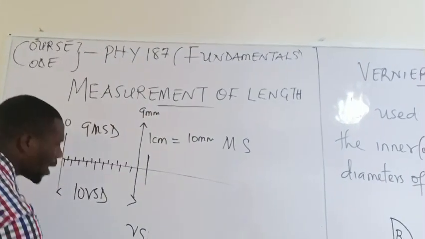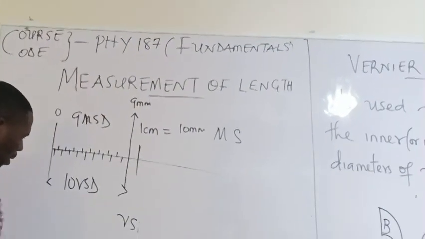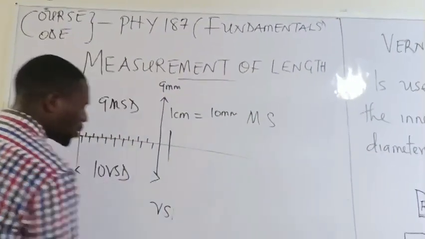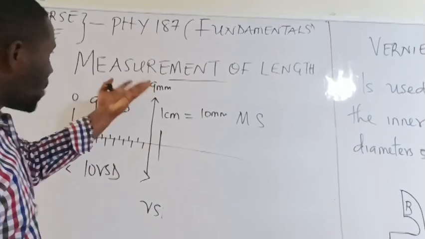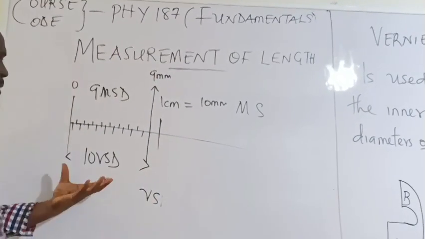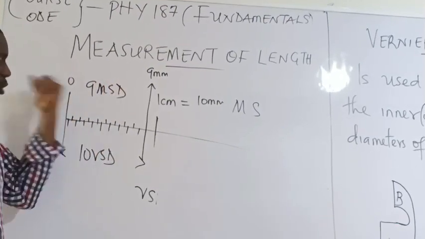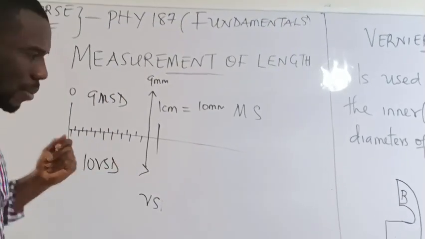Now, from the previous class, I mentioned to you that 9 divisions, which is the same as 9 millimeters on the main scale, right? We could fit 10 marks or divisions to 9 main scale divisions.